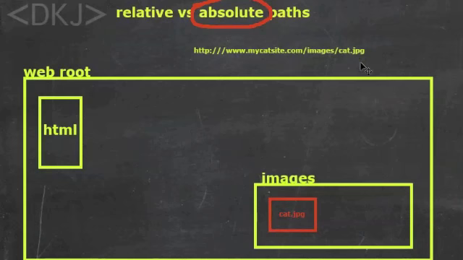It will be looking for mycatsite.com/images/cat.jpg, and it won't exist anymore. So that's one big disadvantage of using absolute paths in your image tags and in your script tags. Another disadvantage, of course, is that it involves a lot of typing. Look at all this. Personally, I'm not a big fan of typing, so I would want to cut down on as much typing as possible.